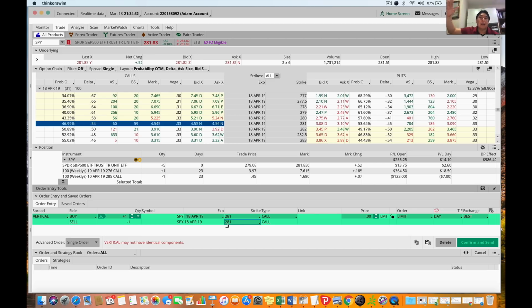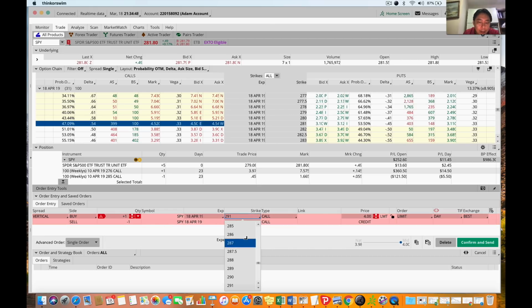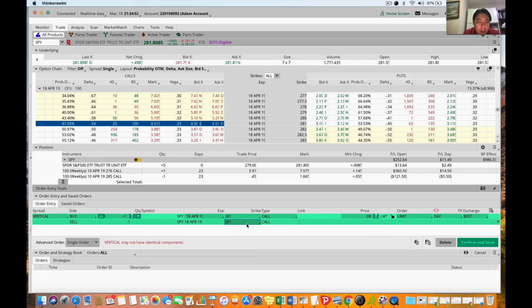Normally I place it at where my target price will be for 30 days. So I could put a target price of 291. All right. Sorry, wrong. So this should be 281. Yeah, so if it turns red, something's wrong. This should be 281, and this is 291.